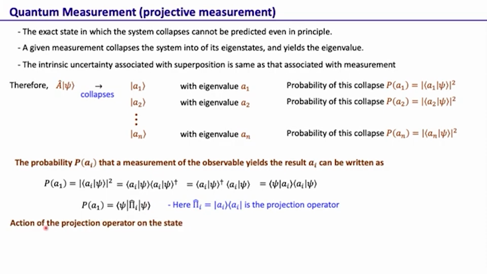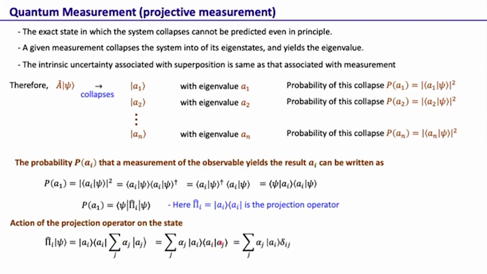Why is this a projection operator? That we can see. Let's do the action of this projection operator on the state. So let's act with this pi I on the psi. So we have this <AI| acting on the psi, with psi we are writing as sum over j of alpha j |aj>. Now this <AI| we bring inside, alpha j is here, so that <AI| comes in here. We have <AI|AJ>. Since these are orthogonal eigenkets, that gives us a delta function, and we have alpha I |AI>.